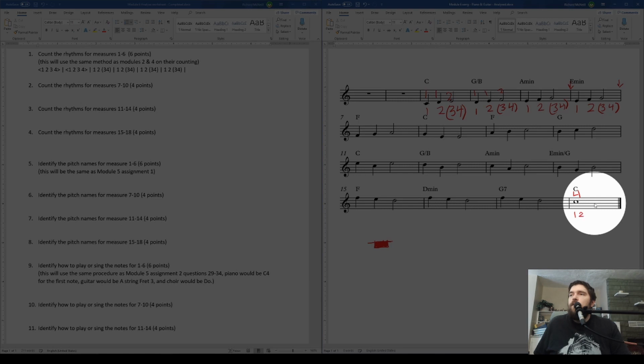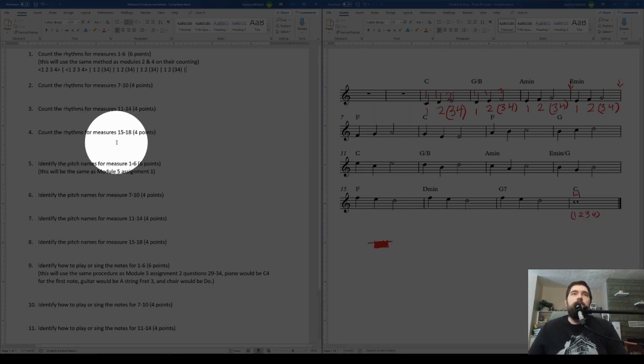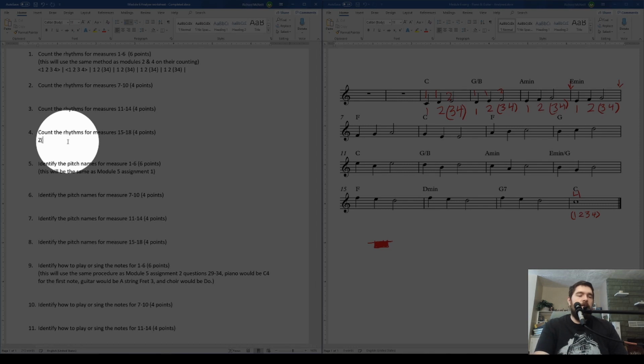And so all 4 beats go with this note here. If it's more than 1 beat, the beats that it gets go inside of the parentheses. So my measure 18 is going to look like this.